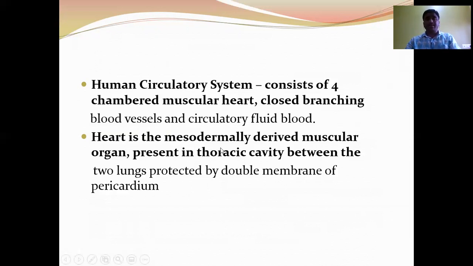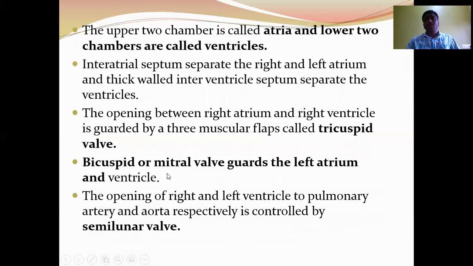The heart is a mesodermally derived muscular organ present in the thoracic cavity between two lungs, that is in the mediastinum, protected by the double membrane pericardium. The outer layer is called fibrous pericardium, the inner layer is called serous pericardium.